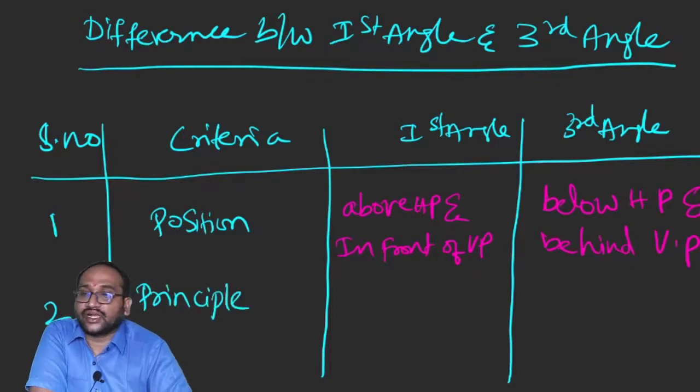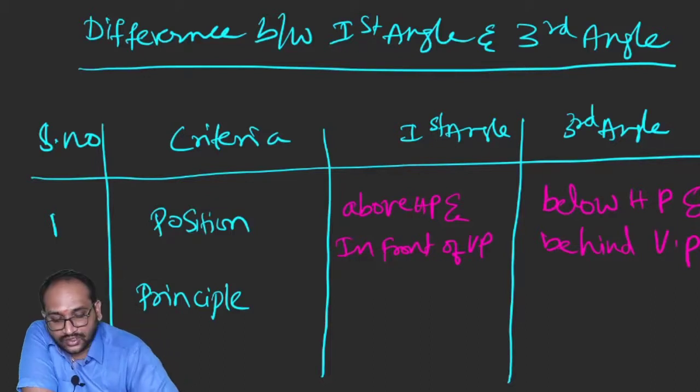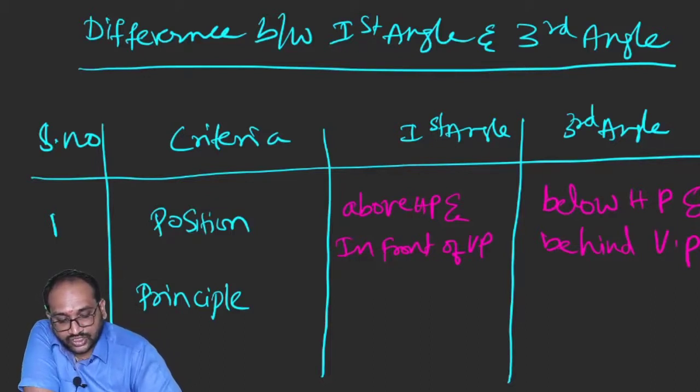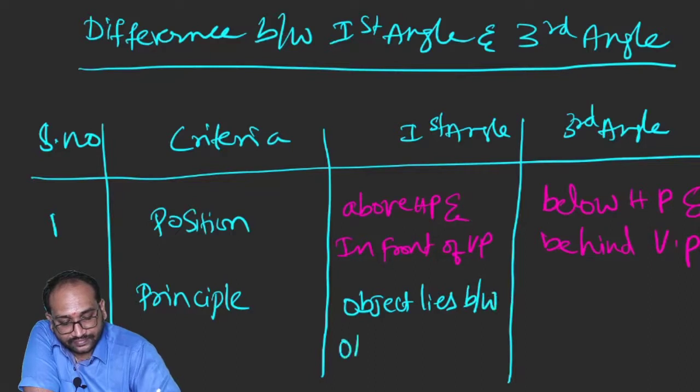This is the first criteria, and second criteria is principle. In first angle projection, the principle is the object lies between the observer and the plane of projection.